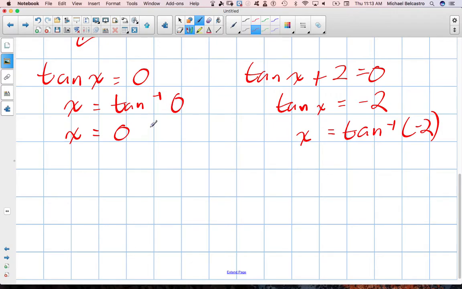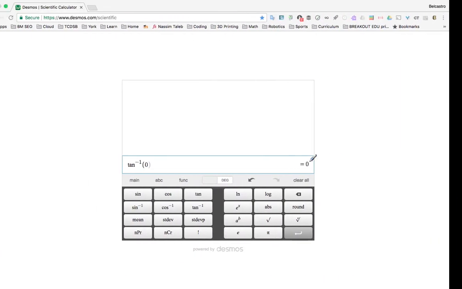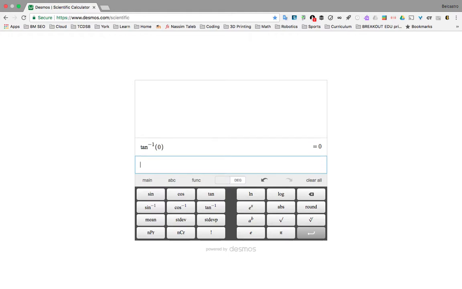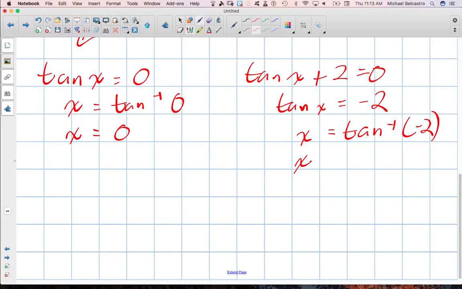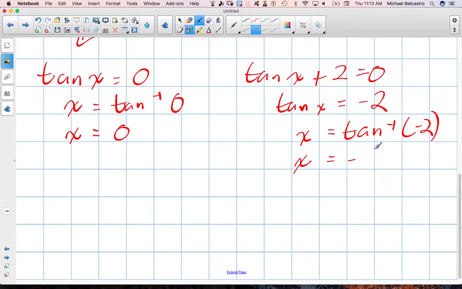And that also means, because we are finding between 0 and 360, there is another possible answer to this. We'll get into that in a second. First, let's solve the other possible angle we're looking at. So tan inverse of negative 2. Negative 63.4. Yeah, let's go with approximately negative 63.4.